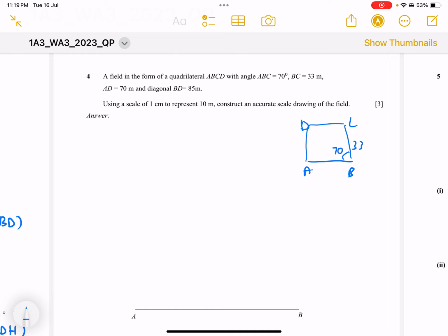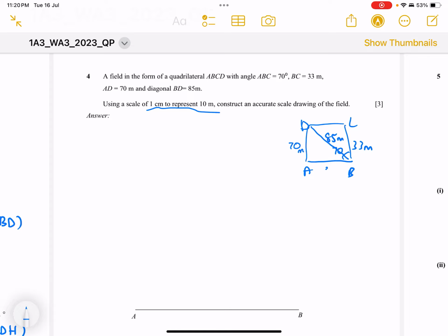Because this one is a field, so it's quite large, so we have to use a scale. Right, BD is across, so it's 85 meters. All these are meters. So what we do is we say that 1 cm represents 10 meters. So now AD becomes 7 cm and so on.